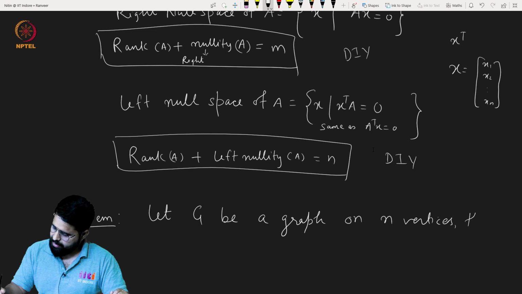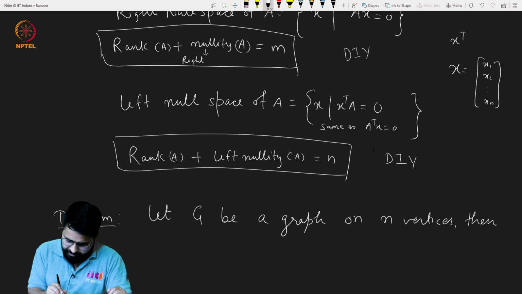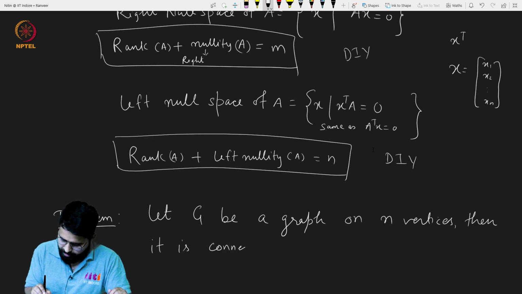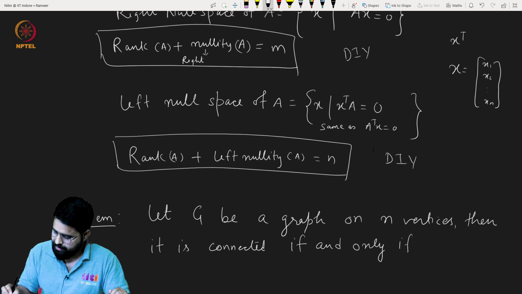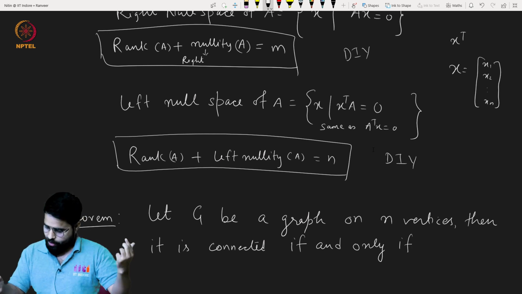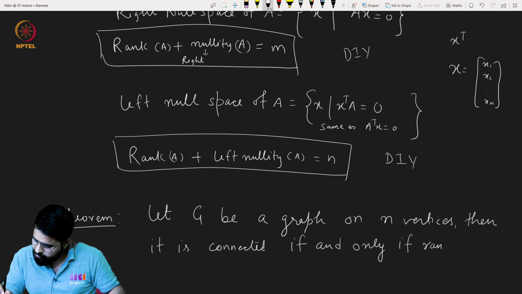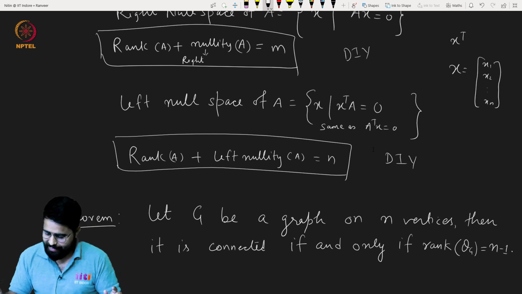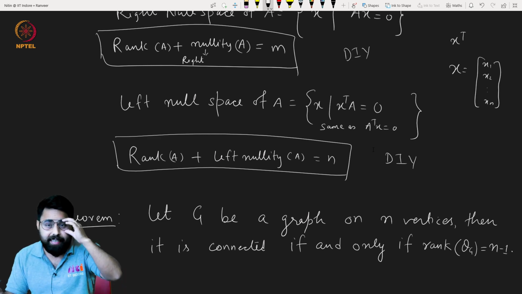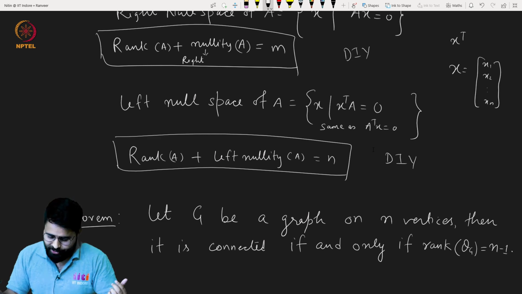Then it is connected if and only if the rank of the incidence matrix of G is equal to n minus 1. Okay, just by looking at the rank of the incidence matrix, you can actually determine whether the graph is connected or not. So let us prove this.